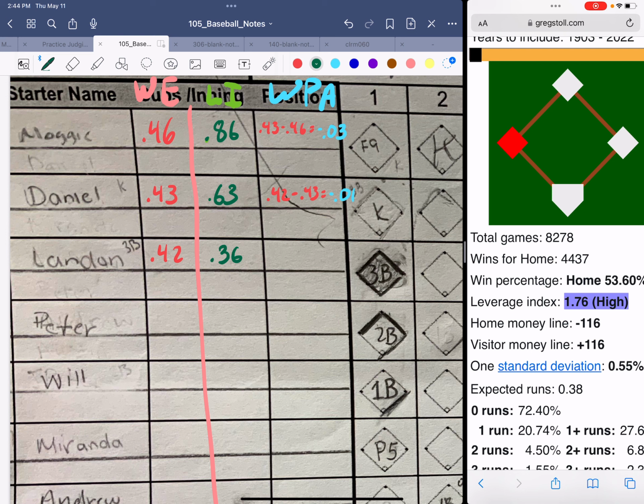The home team's win percentage went down to 54%. So a little bit of math here. 100 minus 54 equals 46. So the win expectancy after Landon bats is 0.46. So what's Landon's win probability added? It's going to be 0.46 minus 0.42. So this is actually going to be positive 0.04.